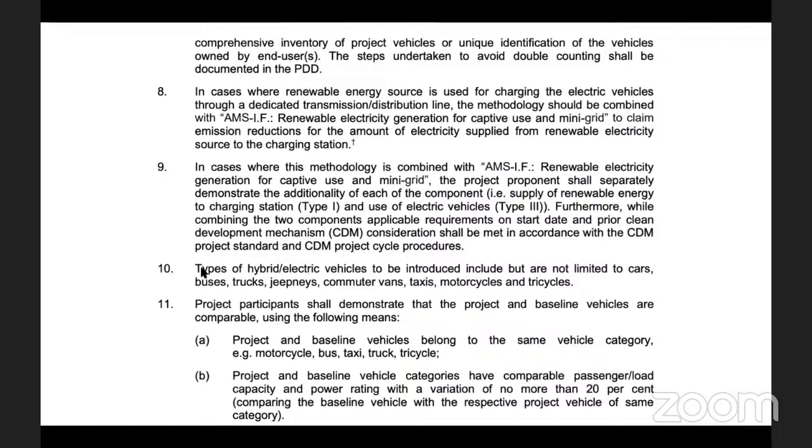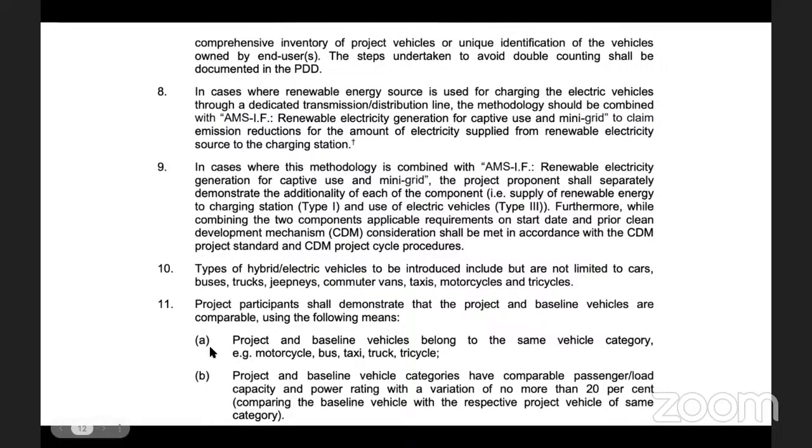10. Types of hybrid and electric vehicles to be introduced include but are not limited to cars, buses, trucks, jeepneys, commuter vans, taxis, motorcycles, and tricycles. 11. Project participants shall demonstrate that the project and baseline vehicles are comparable using the following means.